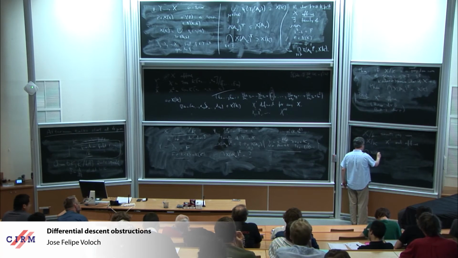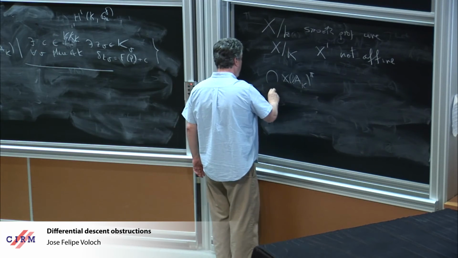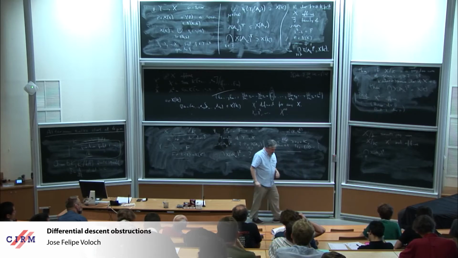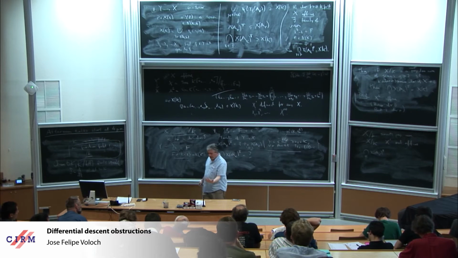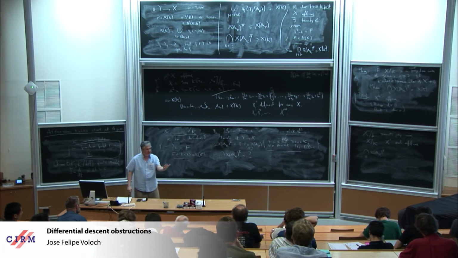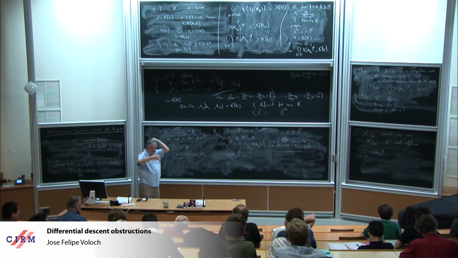if you look at this, you're not going to be able to do anything with the constant points because the constant points have derivative 0, so this differential obstruction doesn't catch them.